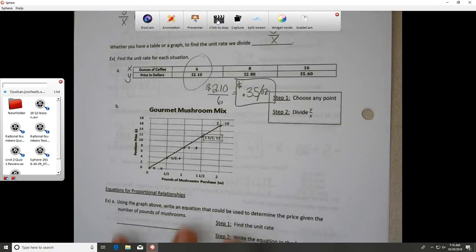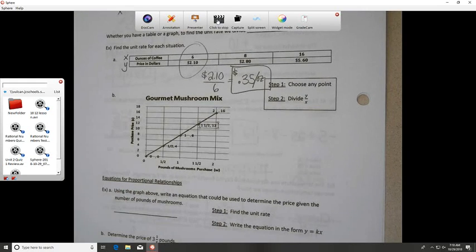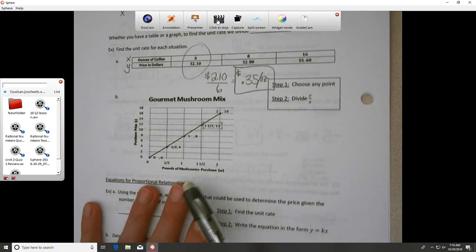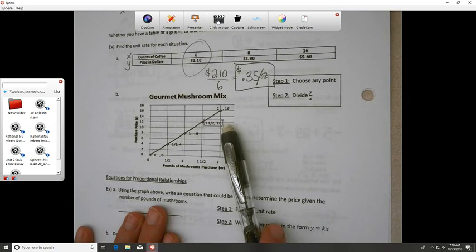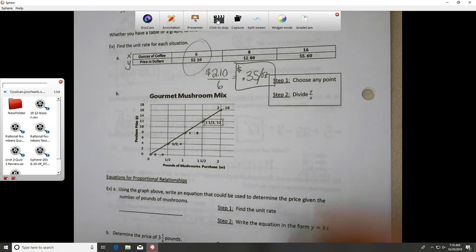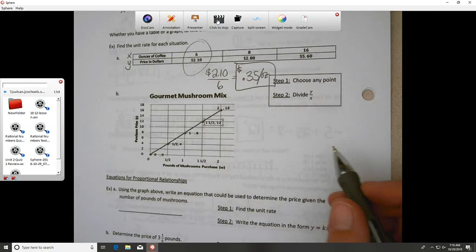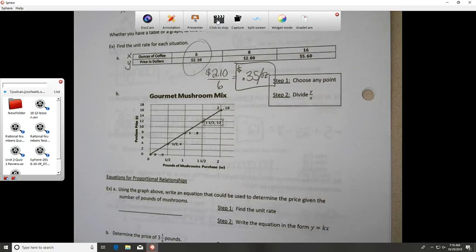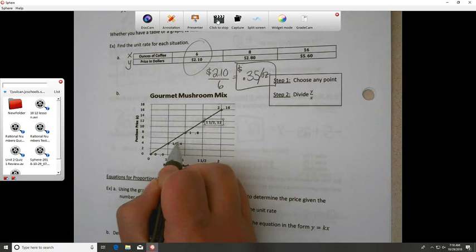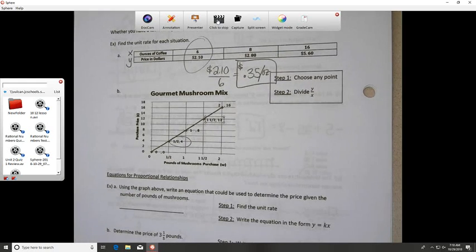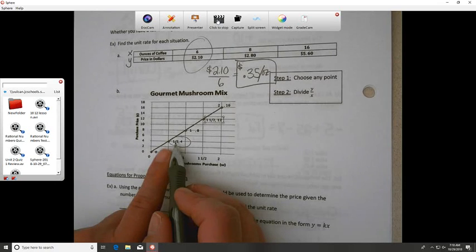All right, next one we have is a graph. It's the same thing. A lot of people on the test got confused on the graph question. It had the points labeled like this. When you look at a point, so again, we can pick any point on the graph and divide y divided by x. When you pick a point, so say I pick this one right here. A lot of people on the test did this number divided by this number.